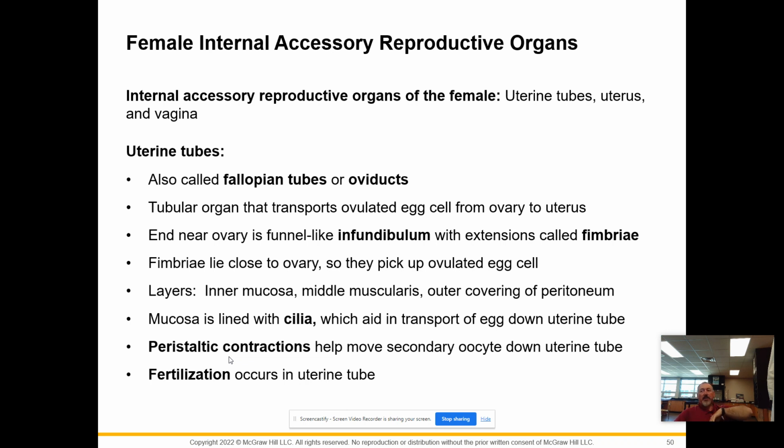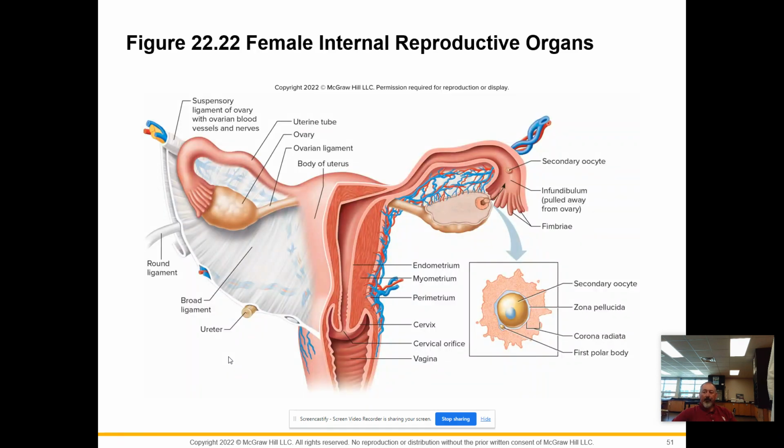So peristaltic contractions are the alternation of contractions of this, let's say it's that tube where you're essentially contracting, this muscle contract, this muscle contract, this muscle contract, as it's working its way down to a set point, and that is to the actual uterus. So fertilization occurs here in the uterine tube. So once again, fertilization is going to occur here and work its way down.